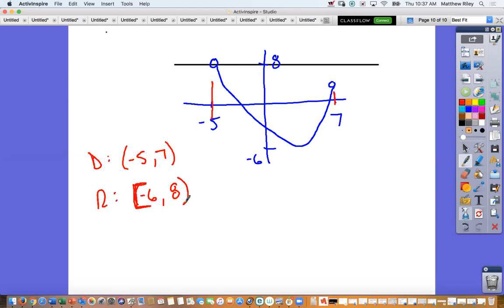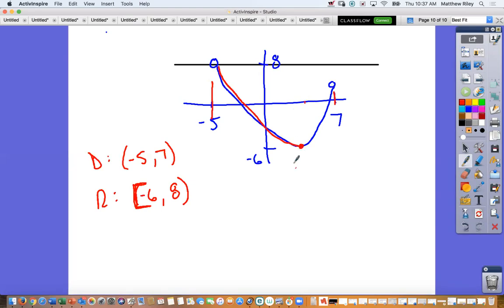All right, wait. Can you explain one more time why it's a bracket for -6? So yeah, a bracket at -6, because unless they specifically tell me that it's open by putting a circle, when this goes down, remember, this is going down all the way, and right there, it actually hits that point.